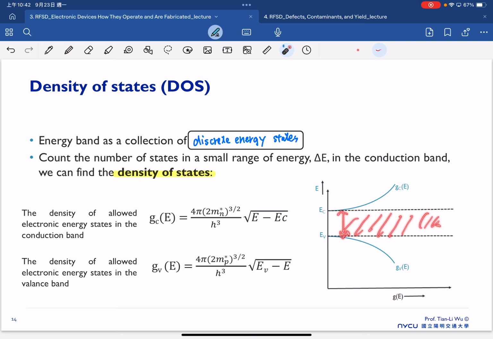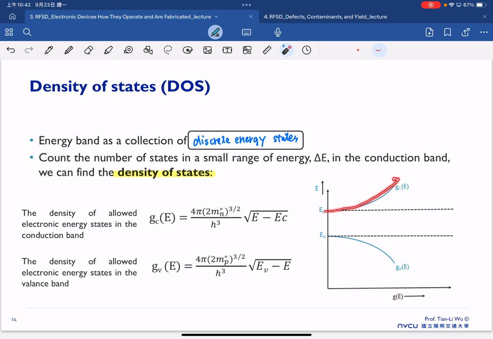But now we all know if we want to have electron movement inside this material, the electron needs to cross this band gap and reach the other side, the conduction band. So the first thing we need to know is how many states inside this conduction band can have electrons.